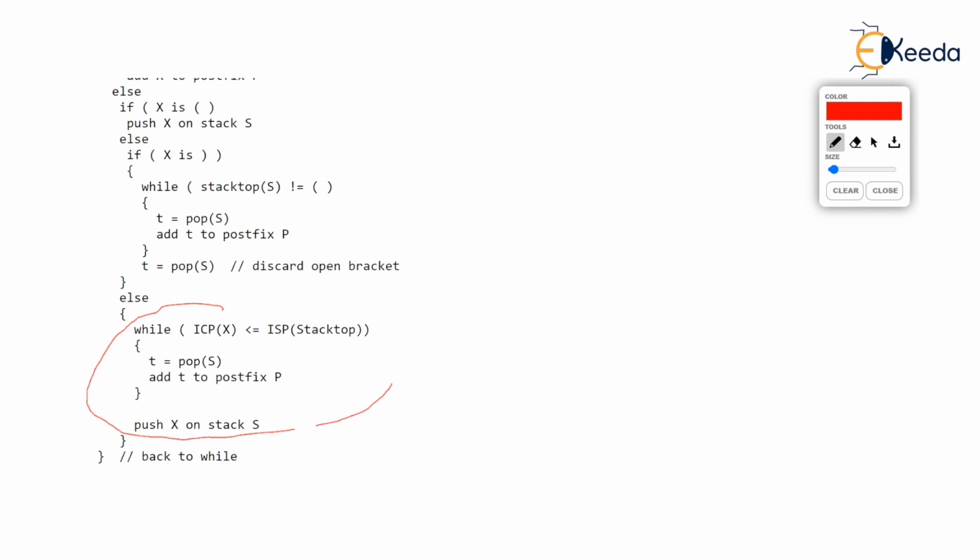Now, in one sentence, I can tell you why we push tilde on the stack initially, such that the priority of the tilde is least: so that stack S never becomes empty.